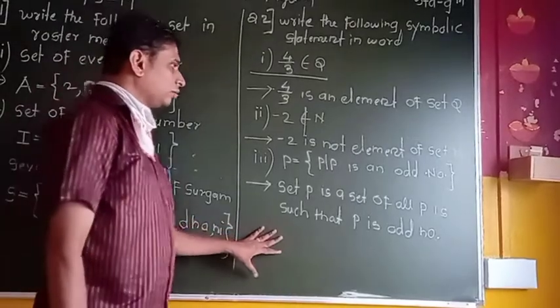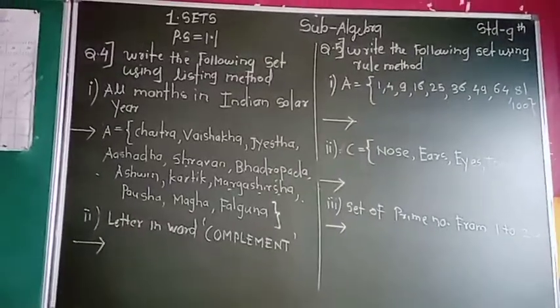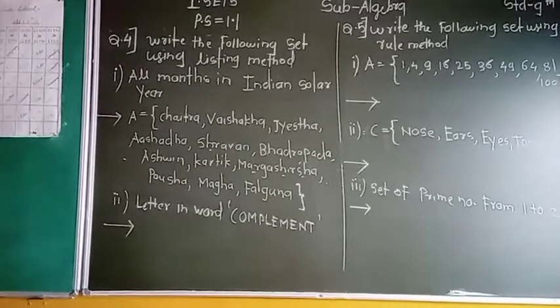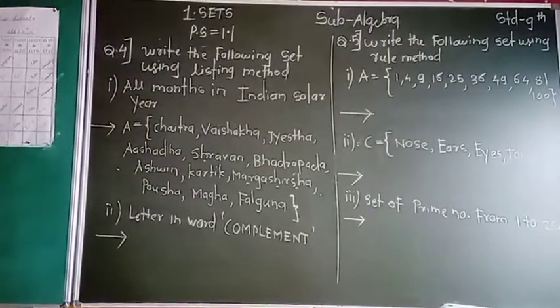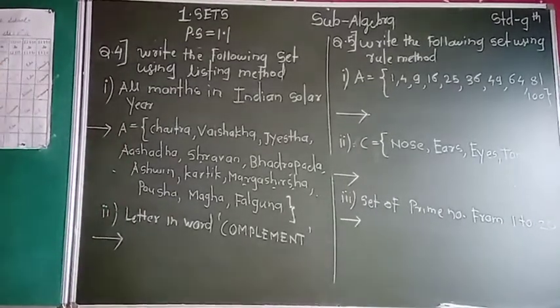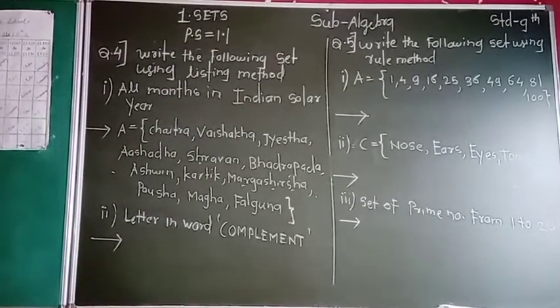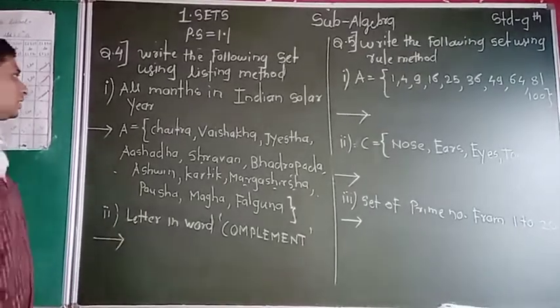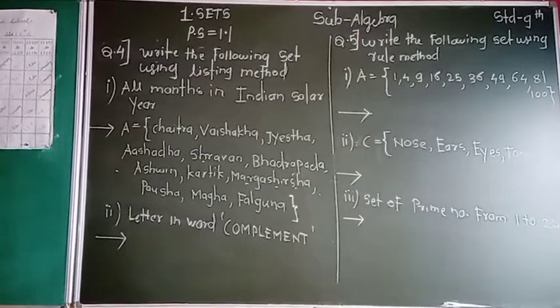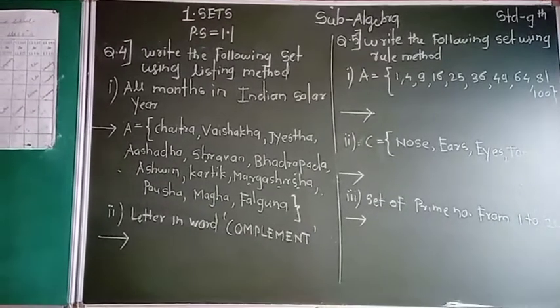Students, in question number 4, write the following sets using the listing method. It is also called the roster method. We know how to write elements in the listing method, so we will see the example. First, all months in the Indian solar year.